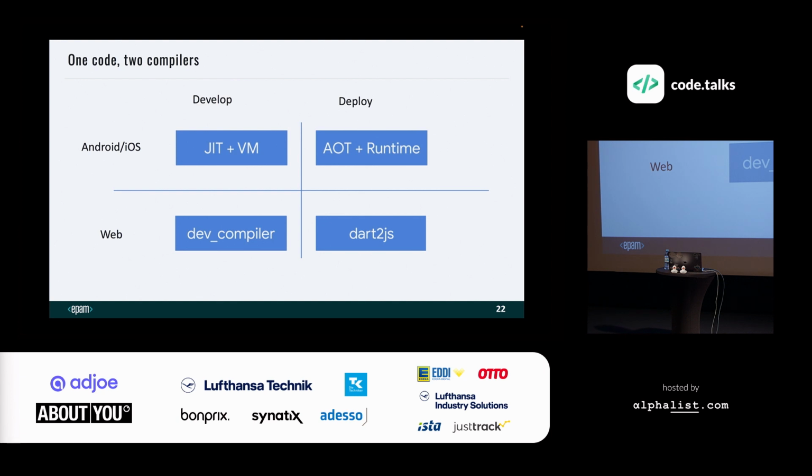The Dart Dev compiler generates code optimized for debugging, which gives the opportunity to do hot reload and see your changes very fast. And Dart2JS is a different compiler that prepares code specifically optimized for size and speed.